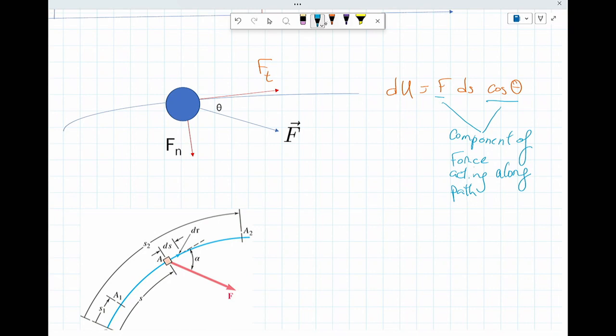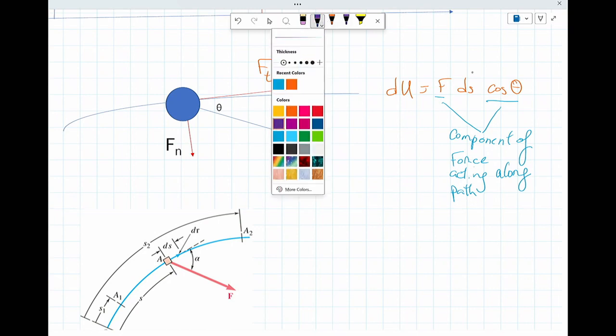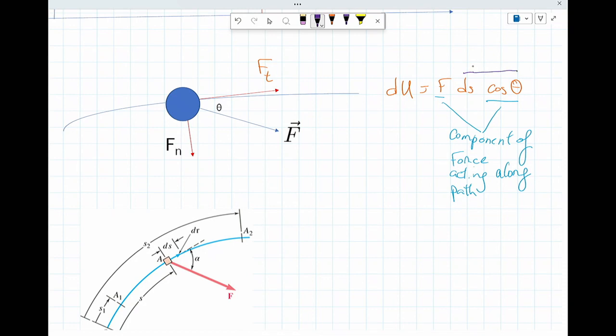I can also write it as the component of the path acting along the force. Both mean basically the same thing and come up with the same result, but in terms of thinking about the physics, it's often easier to say F cos theta ds as opposed to F ds cos theta.